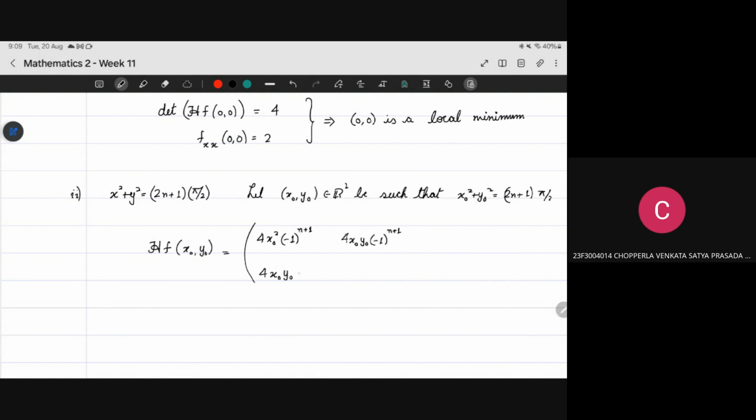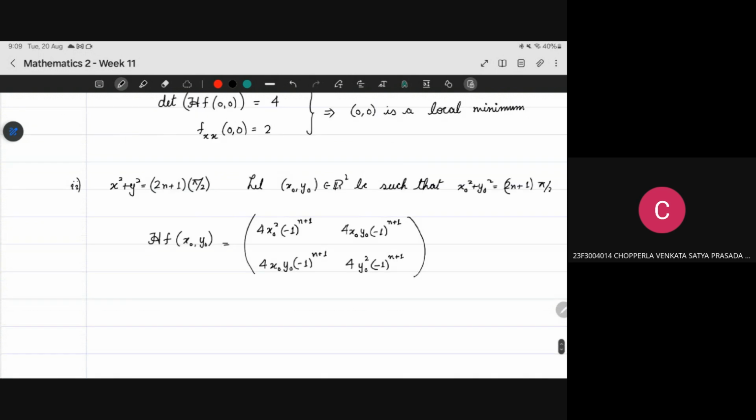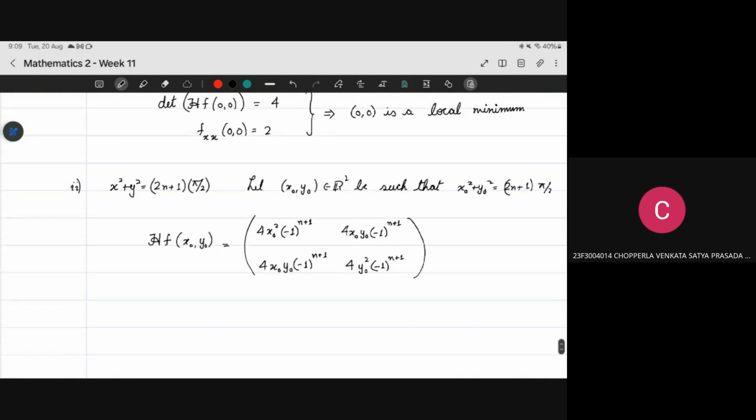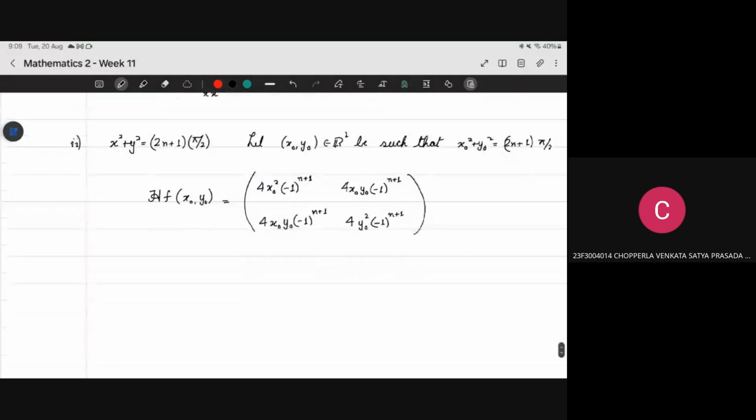Again, 4x naught y naught. Right? Is there any confusion about how I got the Hessian? Okay. If not, I'll go ahead.